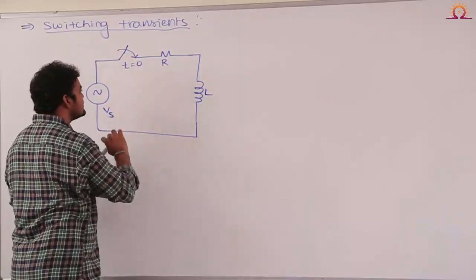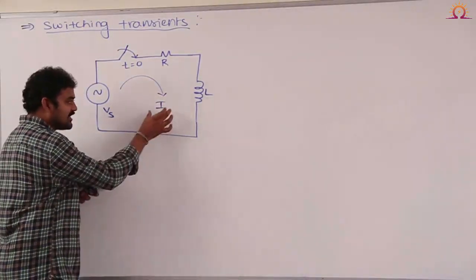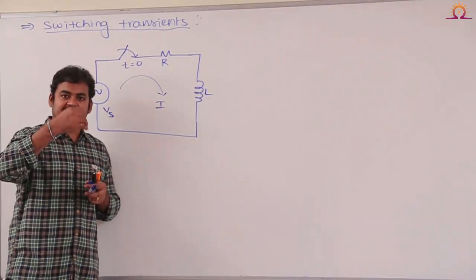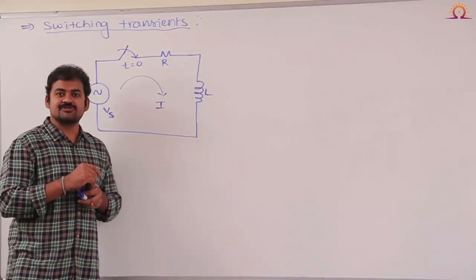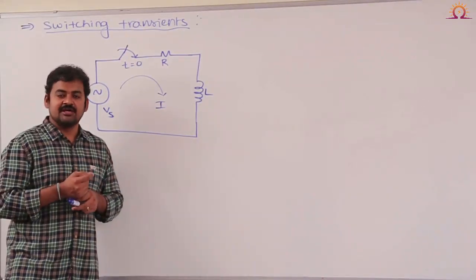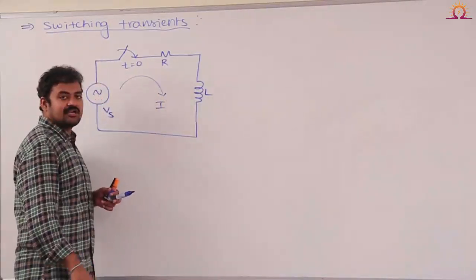The moment the switch is closed, current starts to circulate in this loop, and this current will have two responses. One is the transient current component response, another is the steady state current component response. Because we have a storage element here, a transient component will definitely come into the picture.